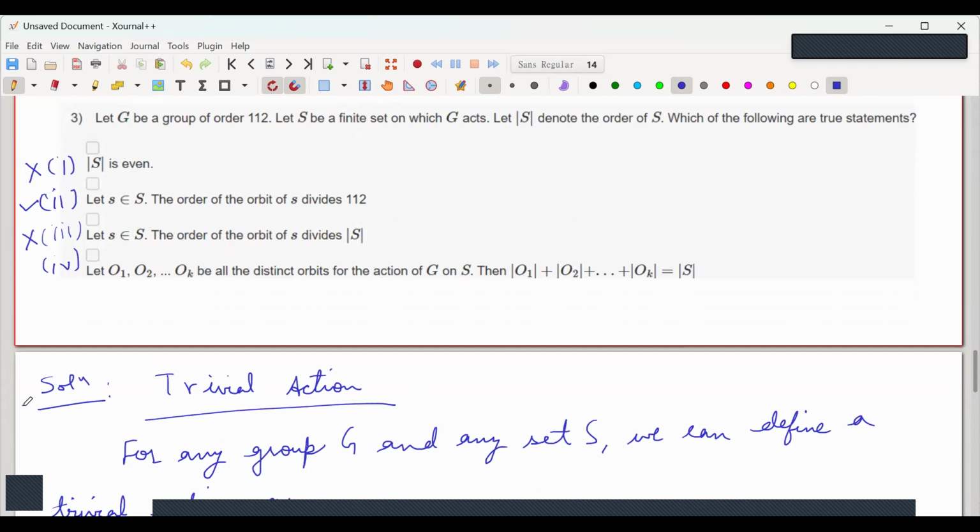What about the fourth one? The fourth one is directly true, right?